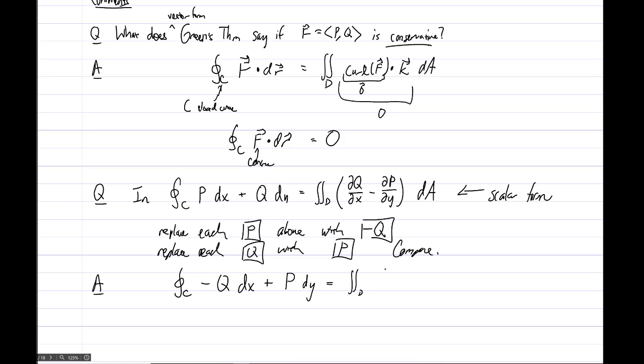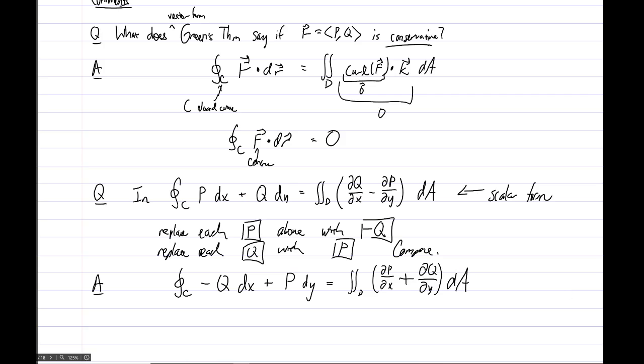the Q that's here gets replaced with P, so we end up with partial derivative of P with respect to x, and then there's a P here that's going to get replaced with negative Q, but there's a minus sign in front. So how about we just bring the minus sign in front of the derivative, and minus minus will be a plus. We'll have partial derivative of Q with respect to y dA.